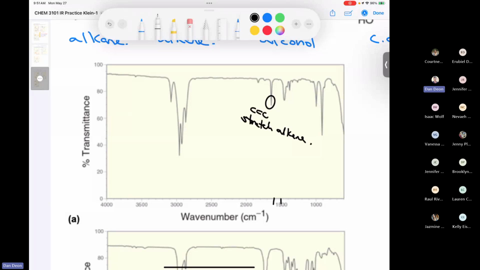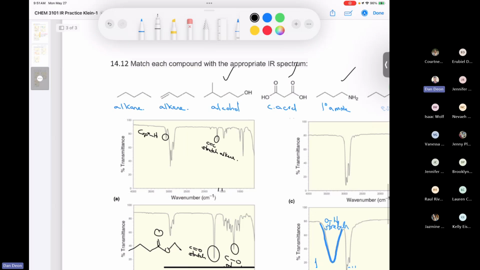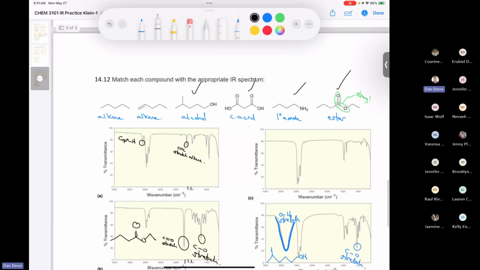And then over here at 3100, this is the sp2 hybridized carbon-hydrogen stretching of an alkene. So the alkene is called 1-pentene. And the last one has no functional groups. Therefore, this would be pentane, the alkane.